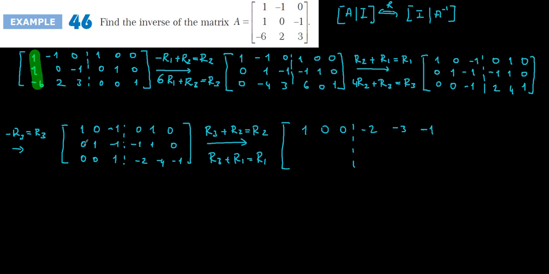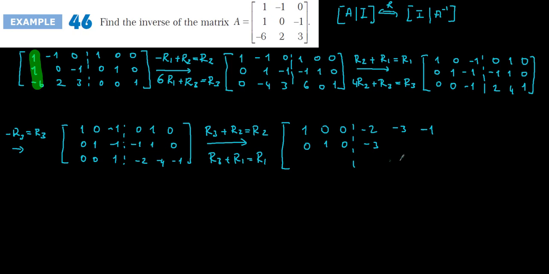So here R3 plus R2, I'm going to add to R2 to find the new R2. 0 plus 1 is equal to 1. 0 plus 0 is equal to 0. 0 plus 1 is equal to 1. 1 plus minus 1 is equal to 0. And minus 2 plus minus 1 is equal to minus 3.